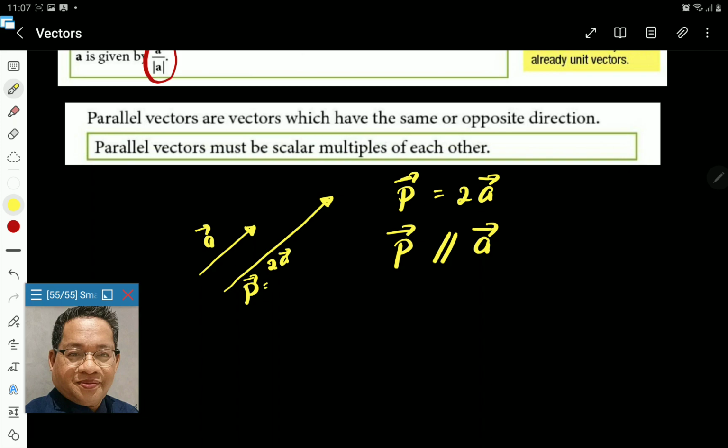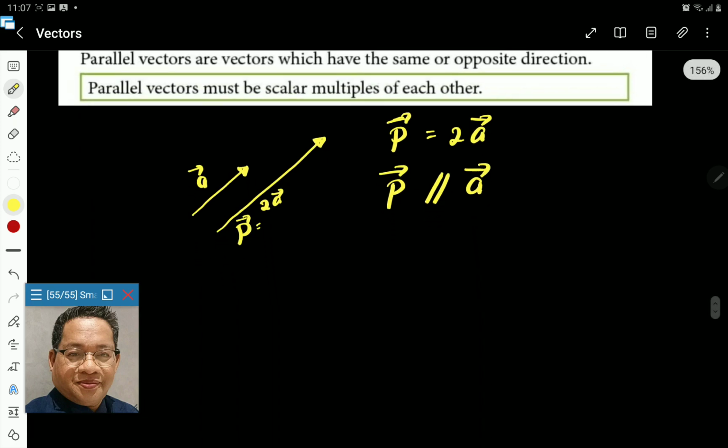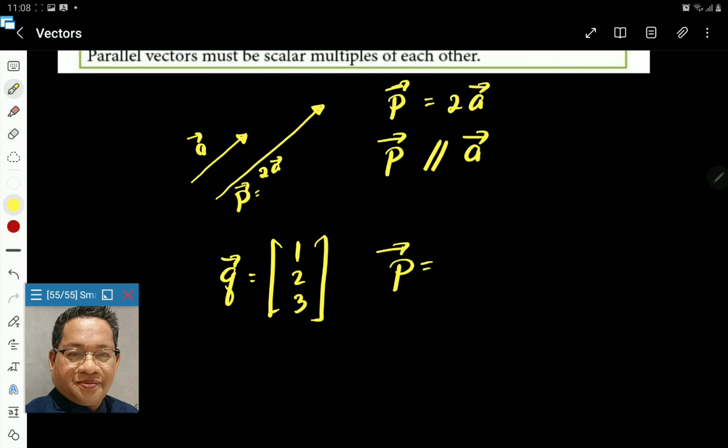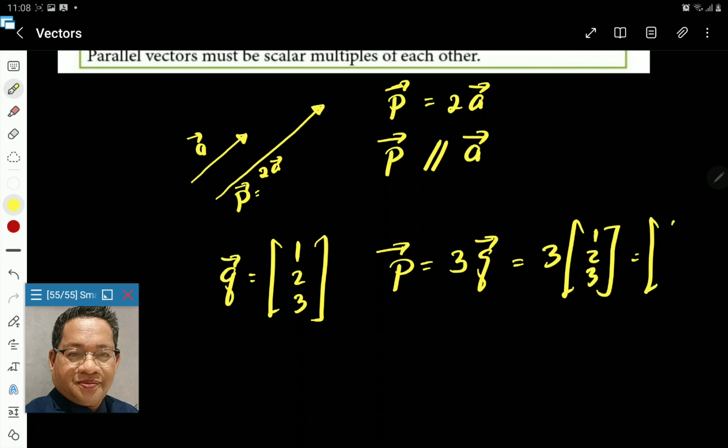Let's try to have another example. So let's say that I have a vector Q and my vector Q is 1, 2, 3. I have a vector P which is equal to 3 times vector Q. So that is equal to 3 times 1, 2, 3, which is equal to 3, 6, 9.